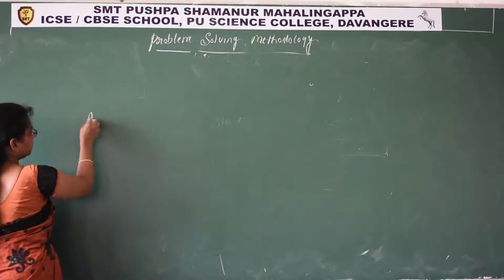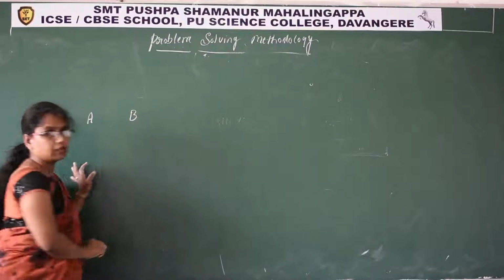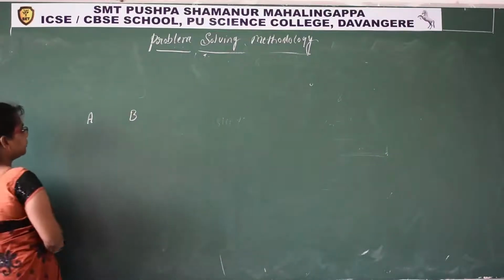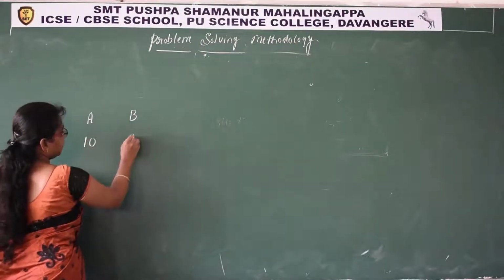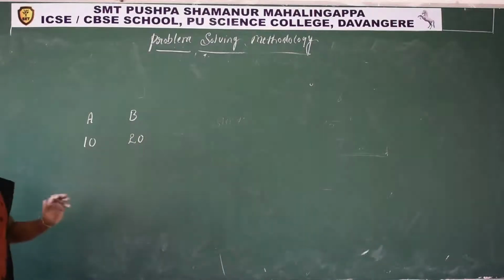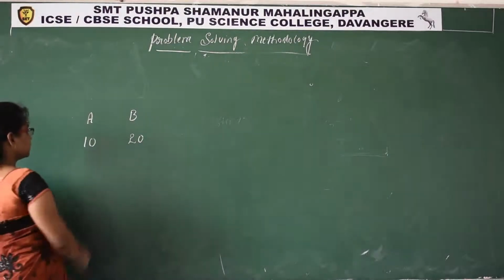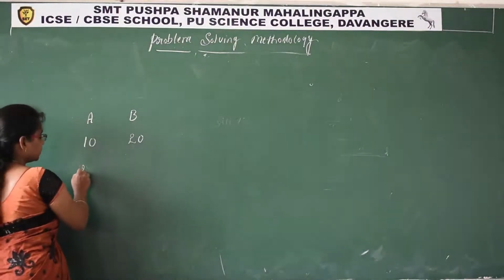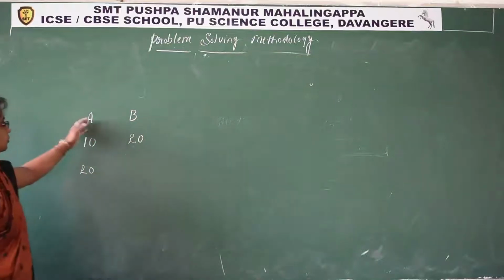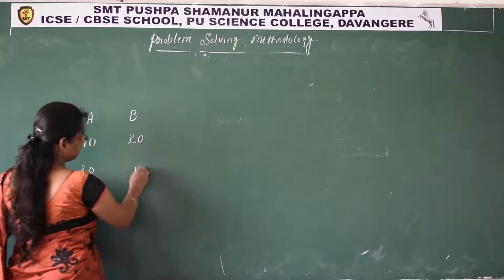Let us consider a variable A and variable B. If I input a value 10 for A and 20 for B, the program has to interchange the values of these two variables. It means 20 has to move to A and B has to become 10.